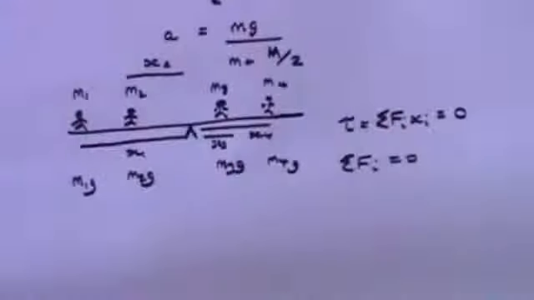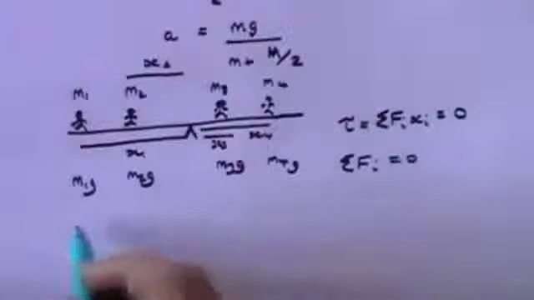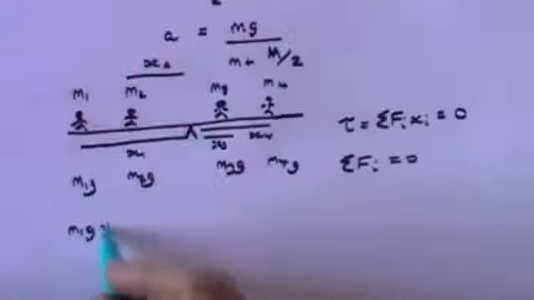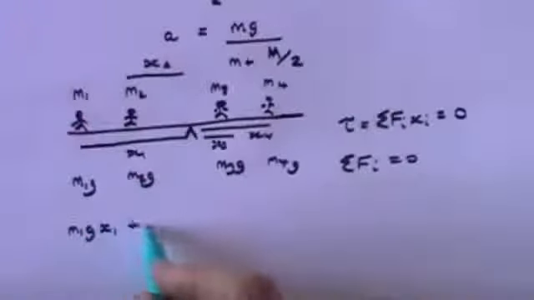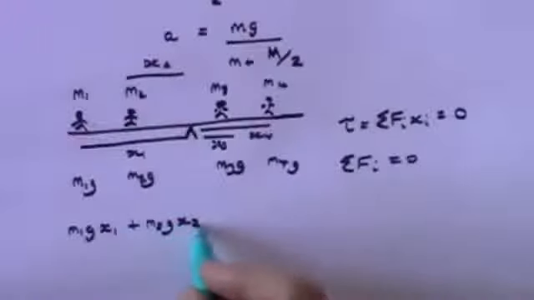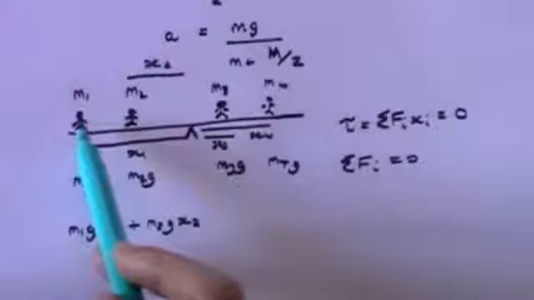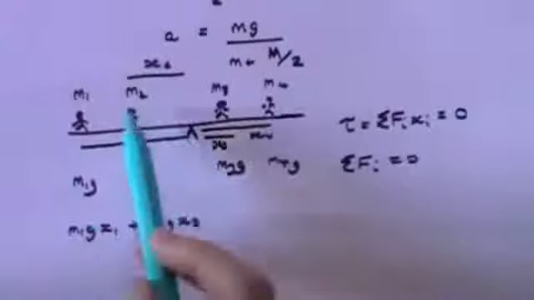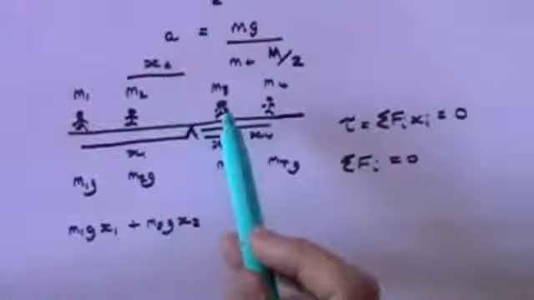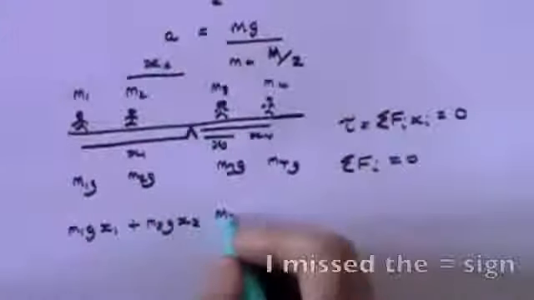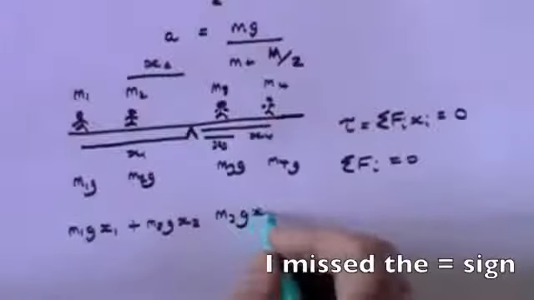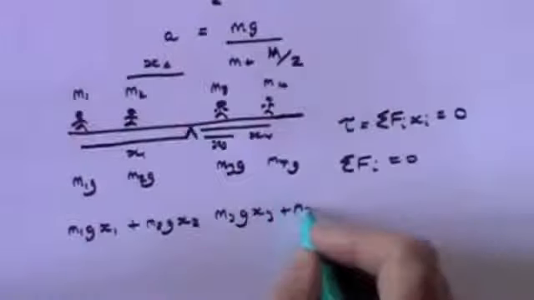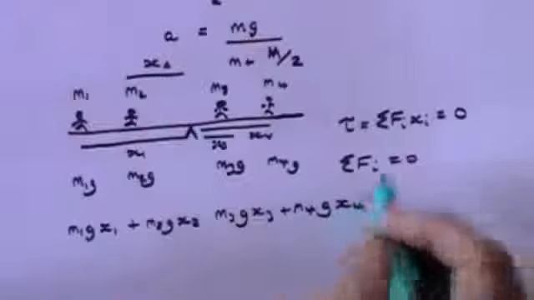So consequently, if the torque is 0, we can say that m1g times x1 plus m2g times x2, which are these two forces times distances, is balanced by the other side, m3g times x3 plus m4g times x4.